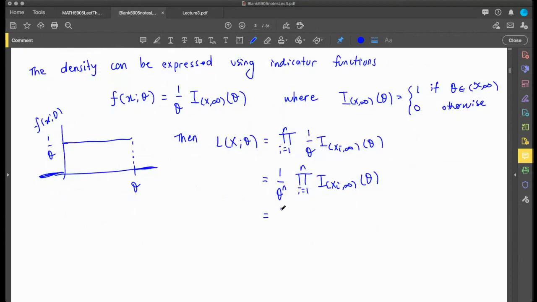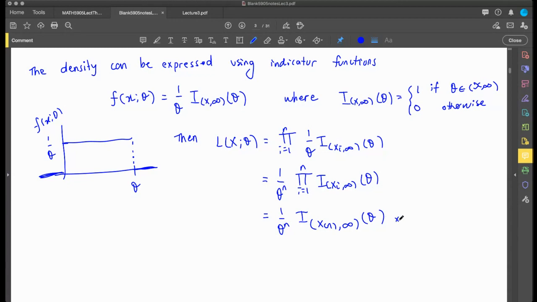So I can write this as 1 over theta to the power of n, the indicator that theta is also bigger than the maximal of the n observations. Okay, it has to be bigger than each xi. Well, that means it has to be bigger than the biggest, because if it's bigger than the biggest, it's obviously bigger than all the rest.